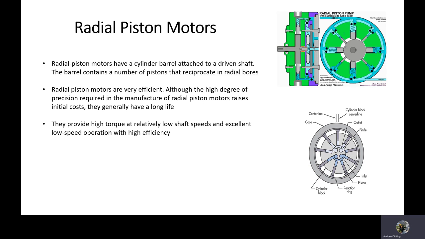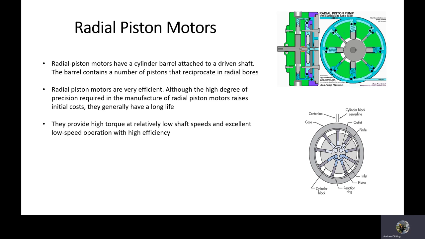So that allows the fluid to flow in two directions, in and out of the piston. The piston acts on that eccentric cam, and as the device goes around in a circle, it creates a circular motion from the radial linear motion of the pistons.